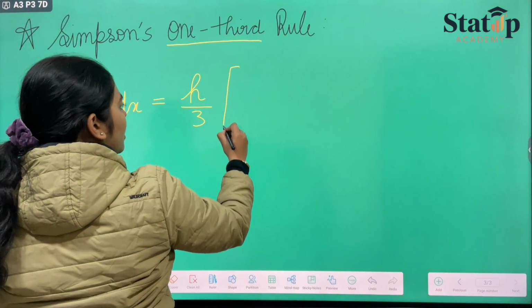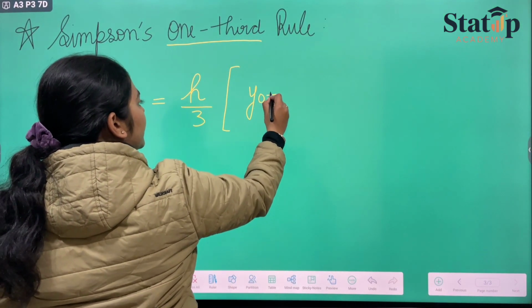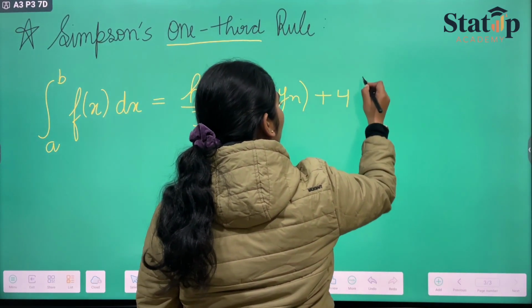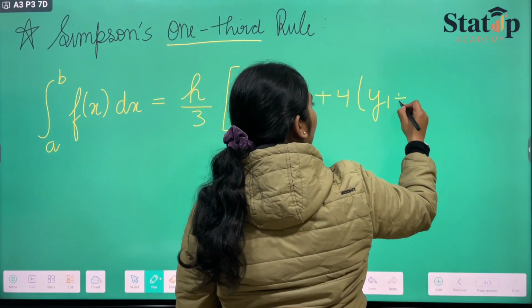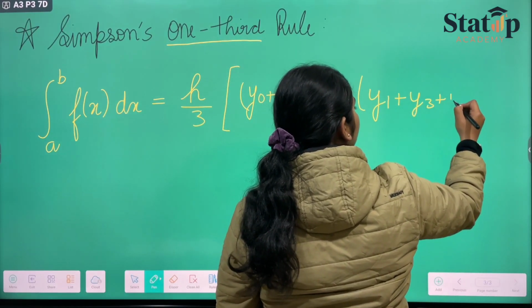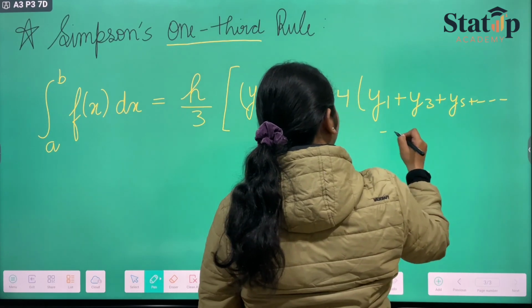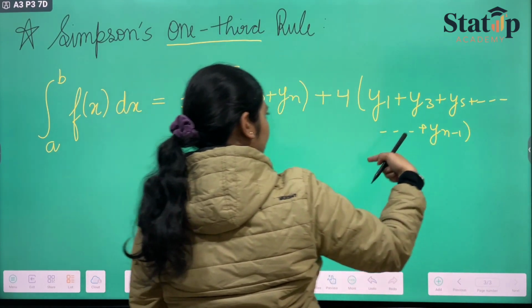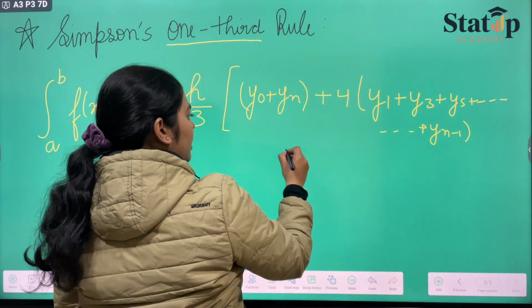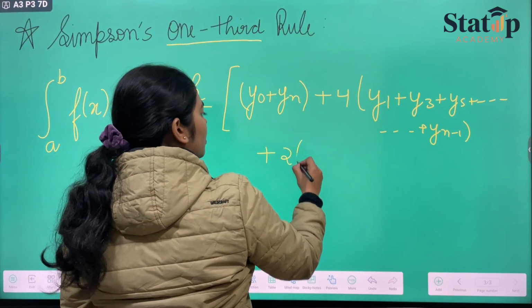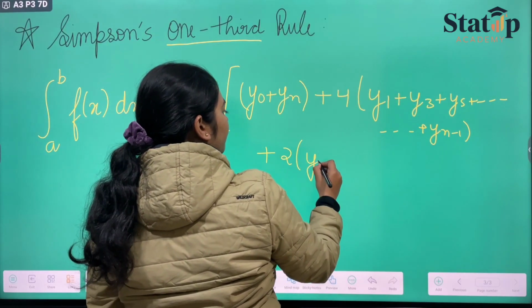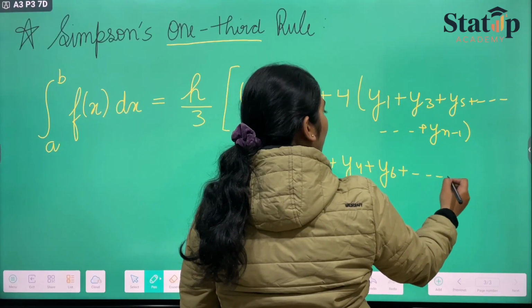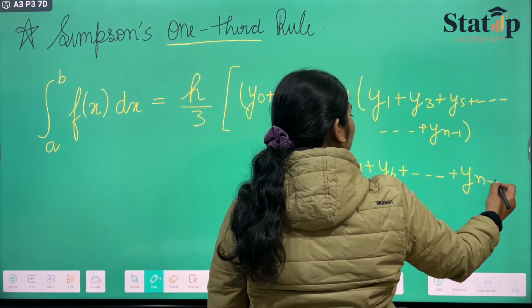So h upon 3 into [y0 plus yn, the first one and the last one, plus 4 into all the odd terms in between: y1 plus y3 plus y5 up till yn minus 1. That would also be odd. n is even, we know that. Then plus 2 into all the even terms in between: y2, y4, y6, and so on up till yn minus 2].